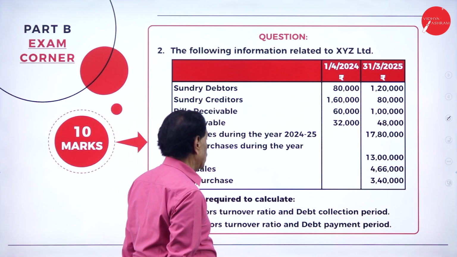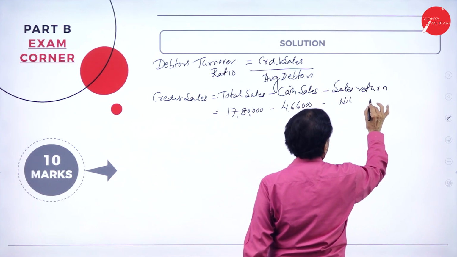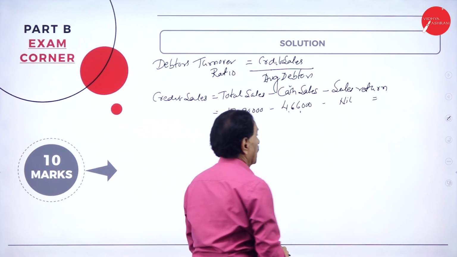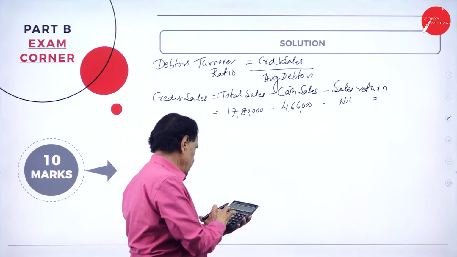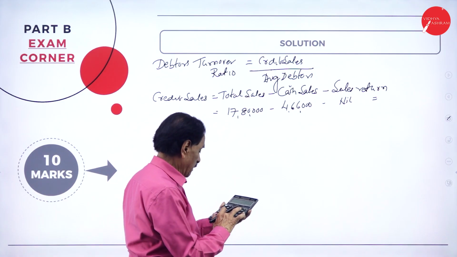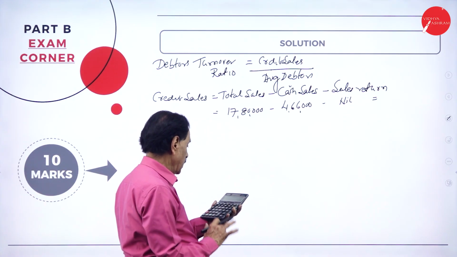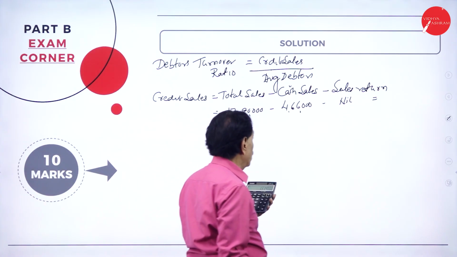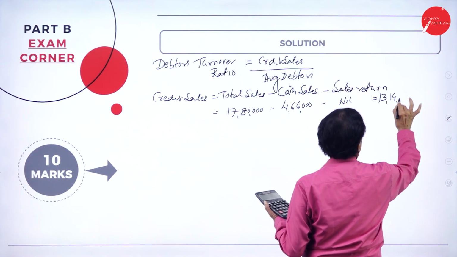Sales return not given, nil, is equal to 17,80,000 minus 4,66,000, which is 13,14,000. This is your credit sale.